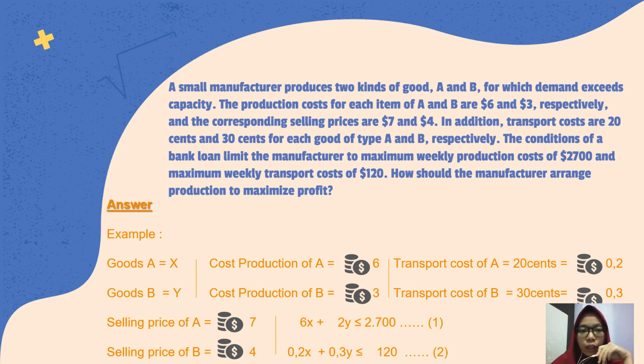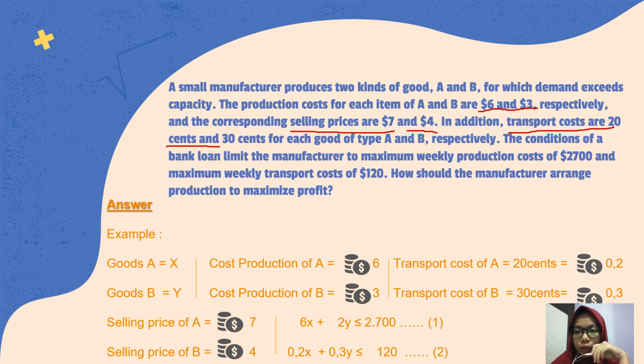So from the question, we let goods A be x and goods B be y. The cost of production of A is $6, and of B is $3. The selling price of A is $7 and of B is $4. The transport costs are 20 cents and 30 cents, and we change them into dollars.